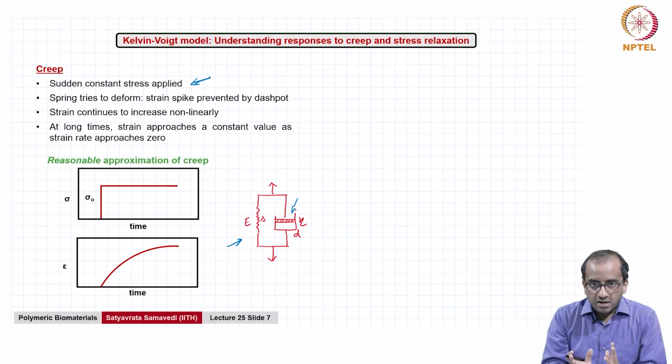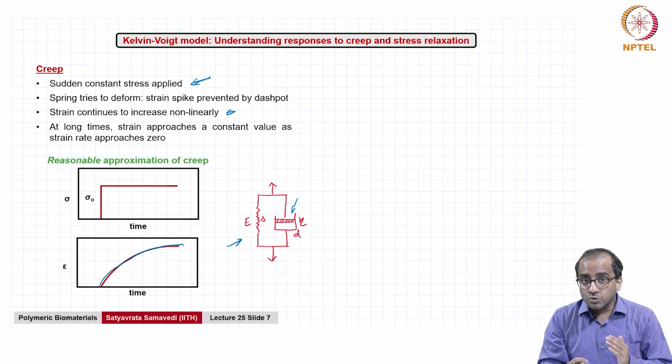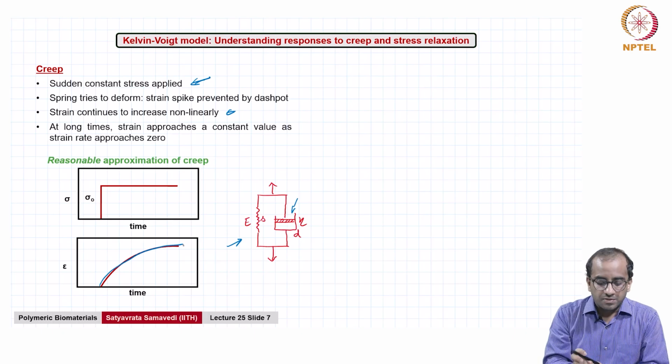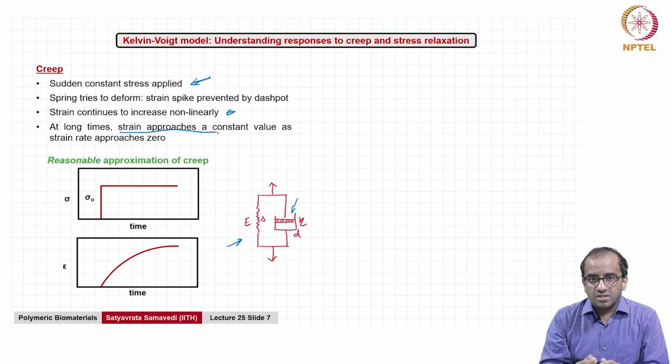Again, as you continue to hold that constant load, the strain continues to increase, but in a non-linear fashion such as this, as opposed to a linear fashion that we saw in the Maxwell model, largely coming from the viscous element connected in series to the spring in the Maxwell model. And at very, very long times, the strain approaches a constant value.